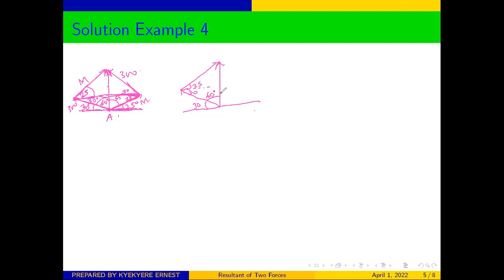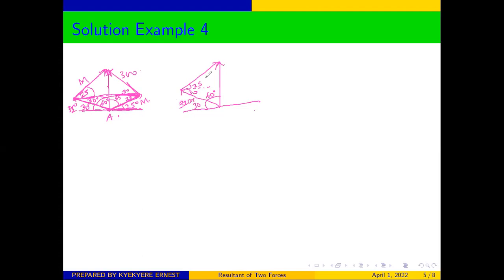Good. And then we are given that, sorry, the angle at this side was given as 320. It was given as 320. So this magnitude is 320 newtons.